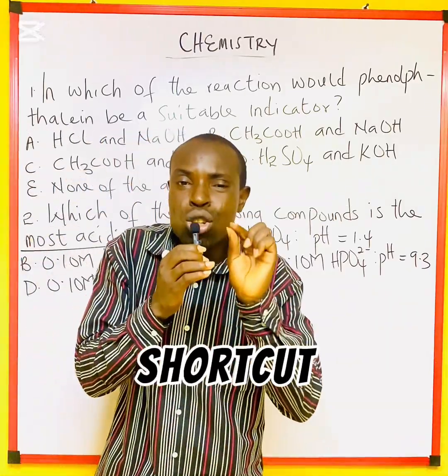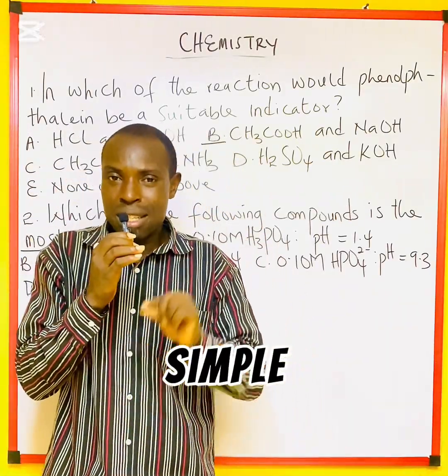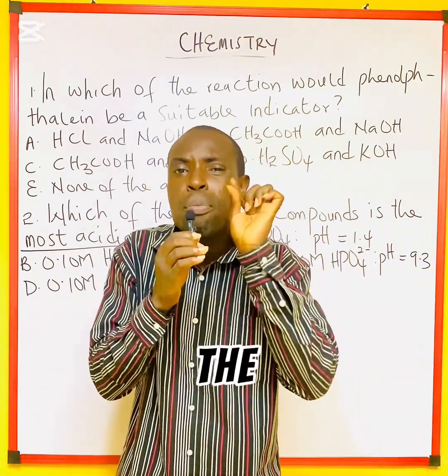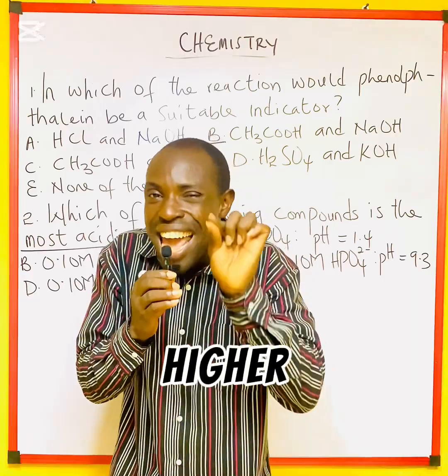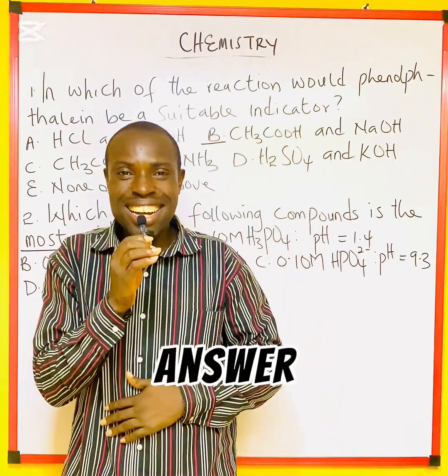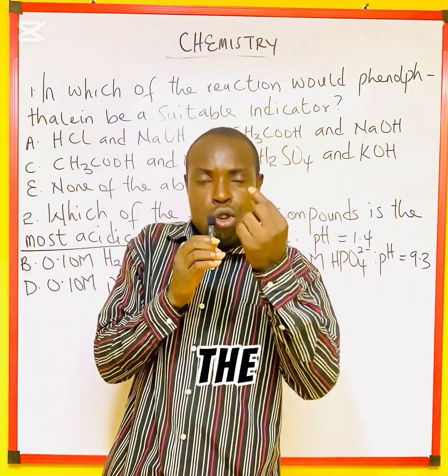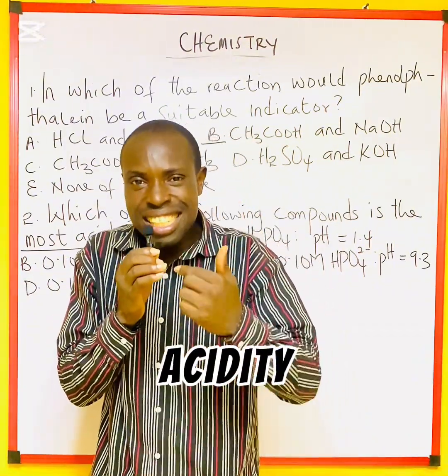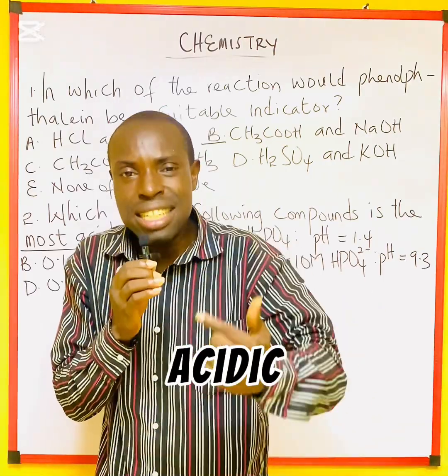Now, what is the shortcut here? Simple. Take note, the smaller the value of the pH, the higher the acidity. That gives us your answer: the lower the pH, the more acidic it will be.